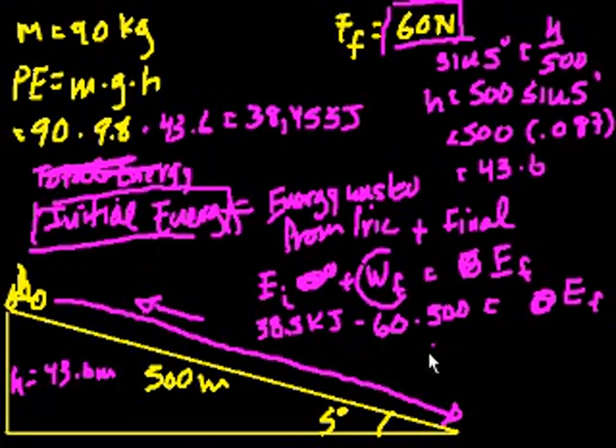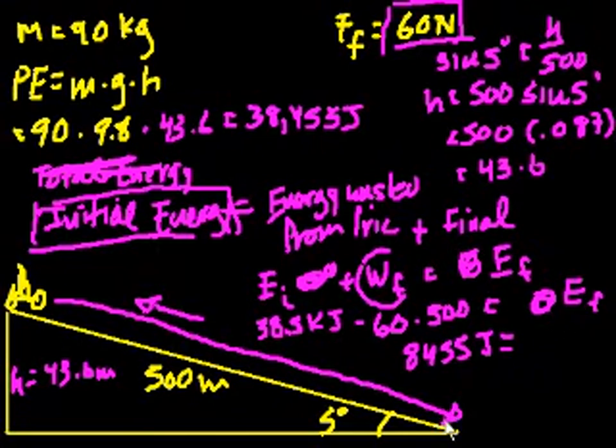And what is 60 times 500? That's 30,000. So let's subtract 30,000 from 38,500. I could do that in my head. So that gives us 8,500 joules is equal to the final energy.